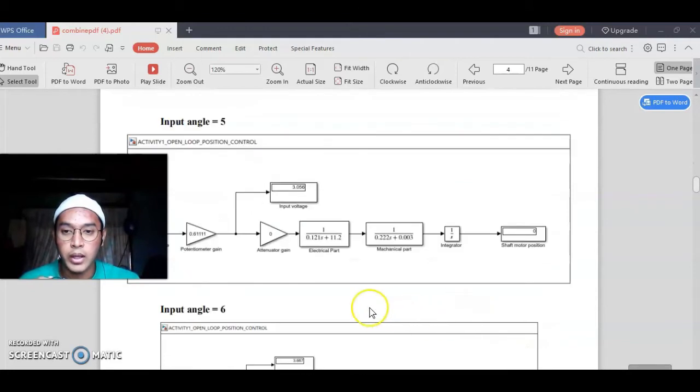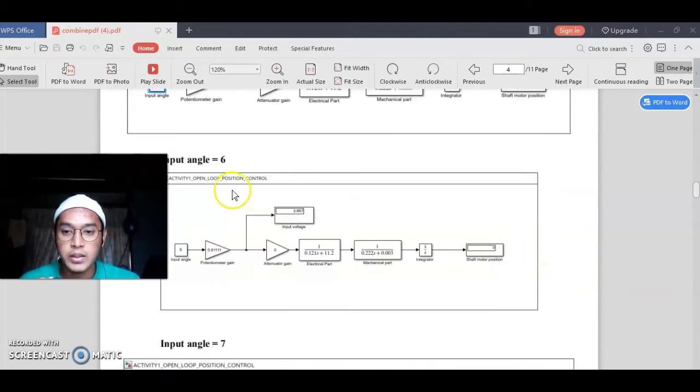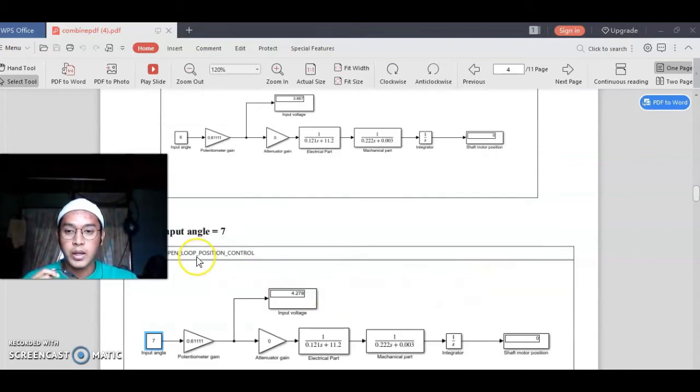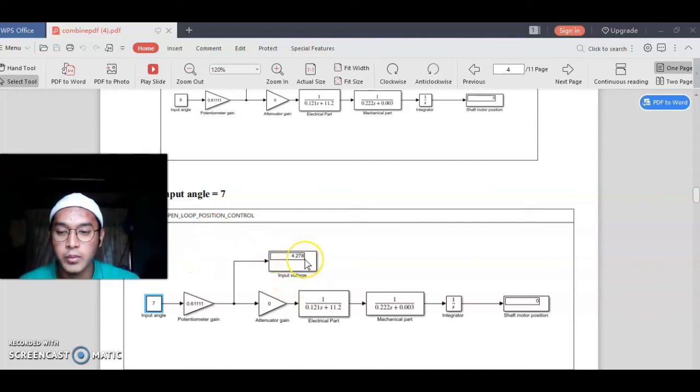For input angle 5, the input voltage is 3.066 and shaft motor position 0. For input angle 6, input voltage 3.667 and shaft motor position still 0. For input angle 7, input voltage 4.278 and shaft motor position 0.